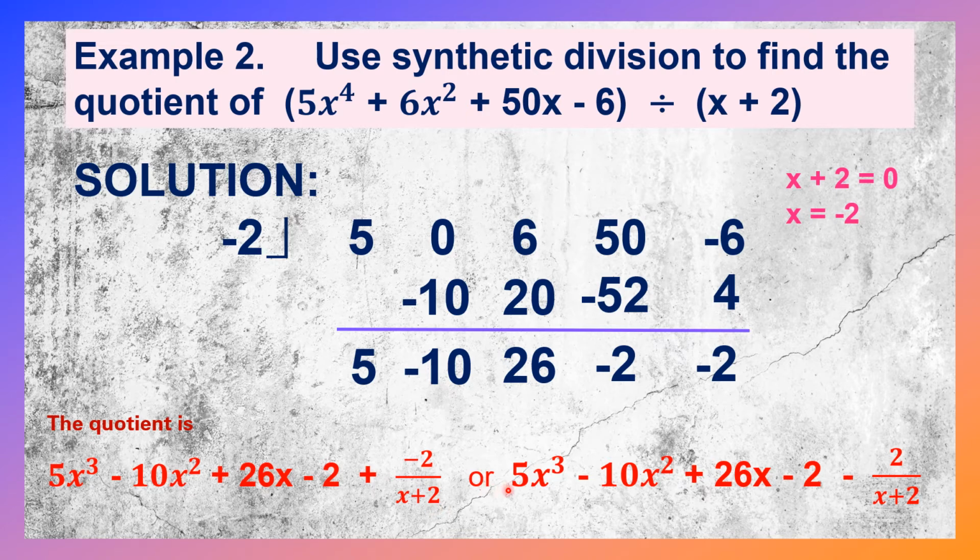Or we can rewrite this, since plus times negative 2 is equal to negative, as 5x cubed minus 10x squared plus 26x minus 2 minus 2 over x plus 2.